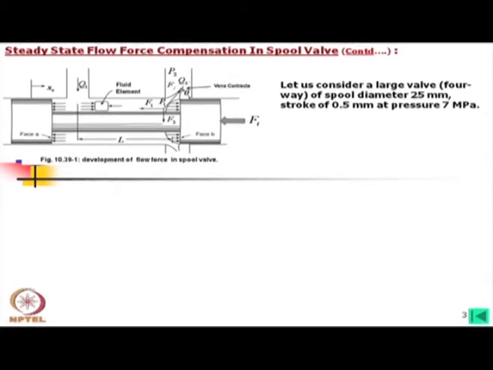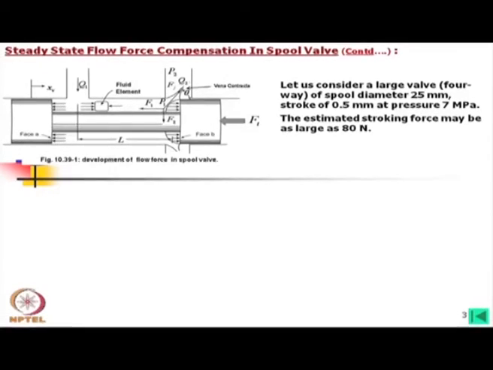Now, let us consider a large valve. Again, it is a four-way valve of spool diameter 25 millimeter. Once we say spool diameter, this means this larger diameter; the other is called the stem. So, spool diameter means this is 25 millimeter. With a stroke of 0.5 millimeter, that is, X V is 0.5 millimeter, at a pressure of 7 megapascals, the stroking force may be estimated as large as 80 Newton.